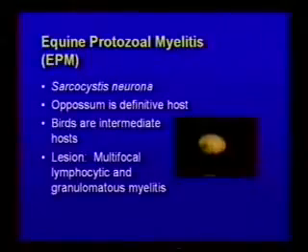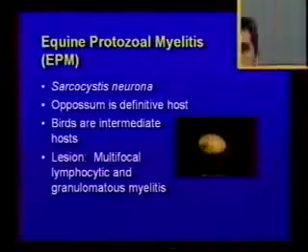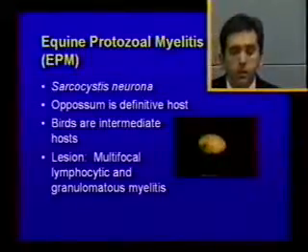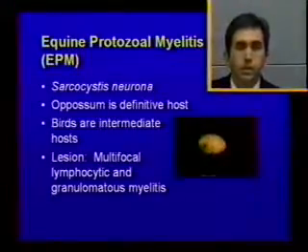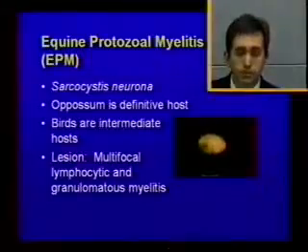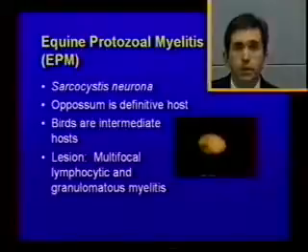Equine protozoal myelitis is an important disease of horses, caused by the protozoan Sarcocystis neurona. The possum is a definitive host for this agent, and birds are the intermediate host. Horses are what are known as a dead-end host.